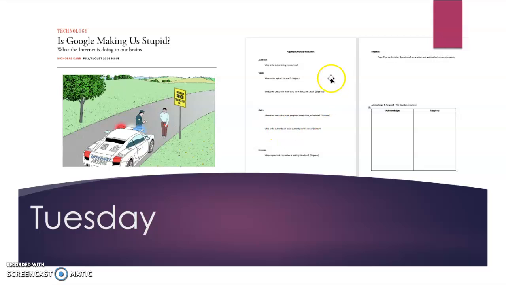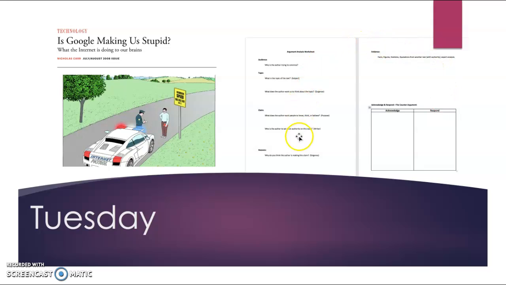claim, right? And you're going to just follow everything. You're going to notice that there's a place for evidence. What evidence is the author using to support his claim, right? Also, you're going to fill out what the author acknowledges and how they respond to the other side of the argument, basically, right?